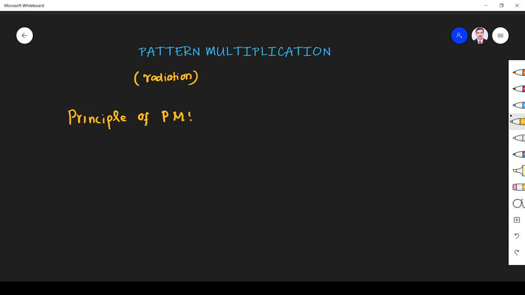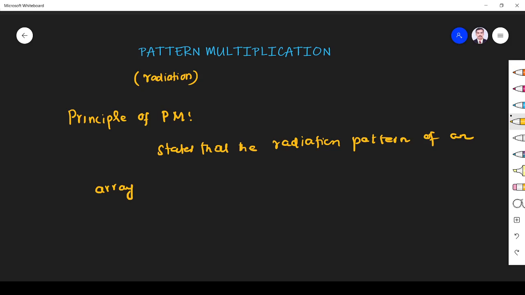It states that the radiation pattern of an array is equal to the product of the pattern of the individual antenna, that is the individual pattern, multiplied with the array pattern.